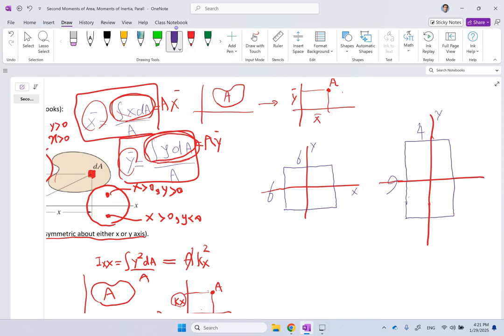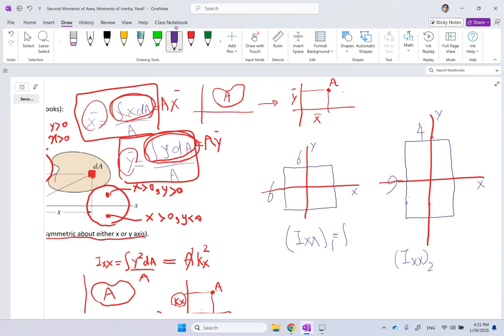So if I ask which one of them has a bigger Ixx or which one has a bigger Iyy, what would you say? Without knowing the formula for it, because we're going to develop formulas for them. If I call this Ixx1 and this Ixx2, which one is bigger?